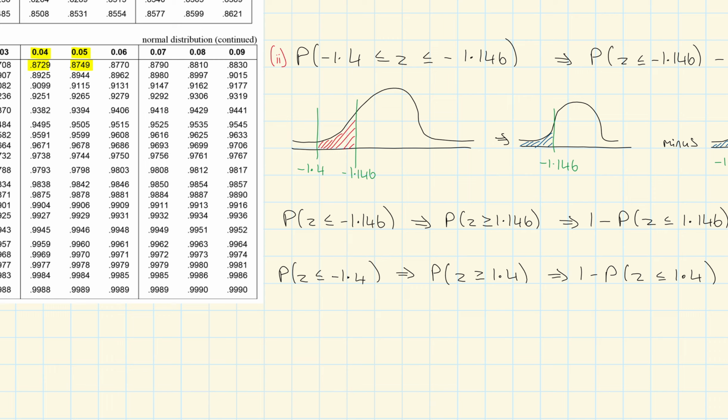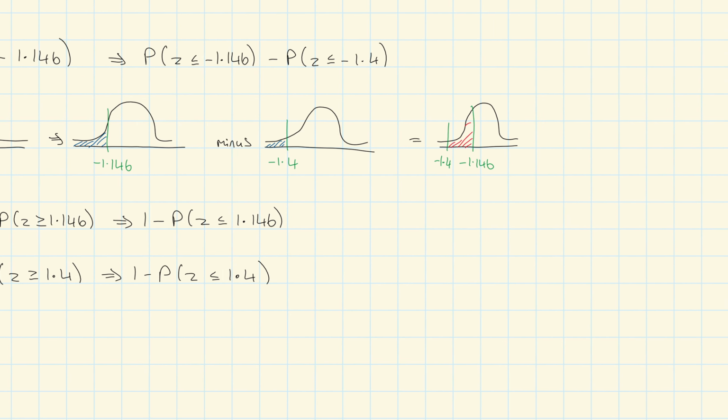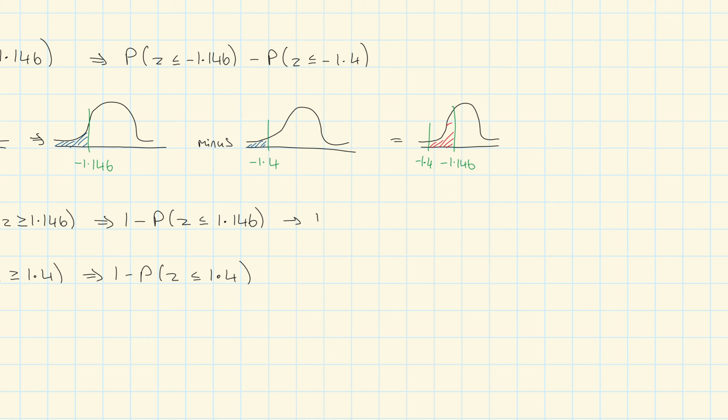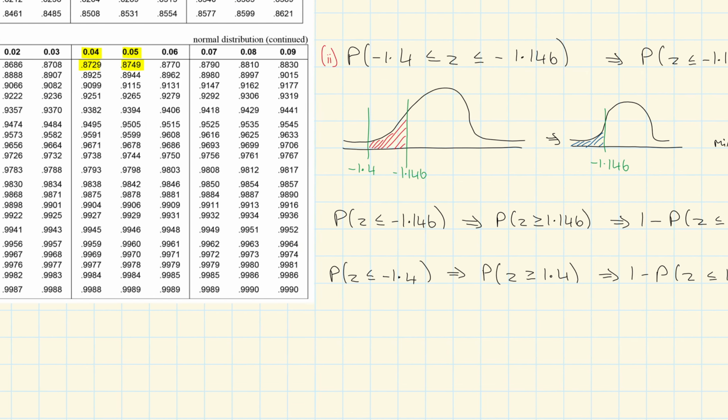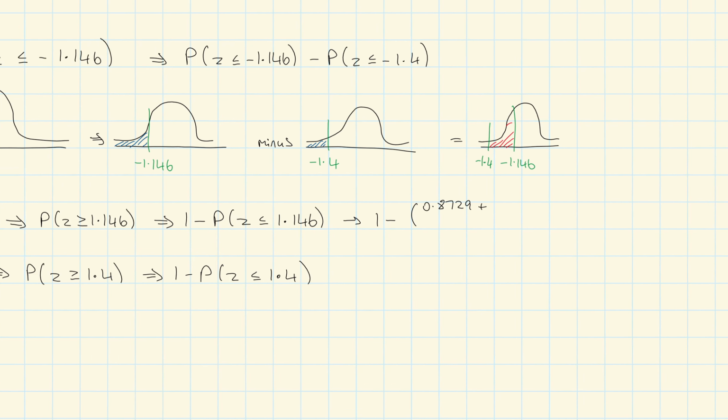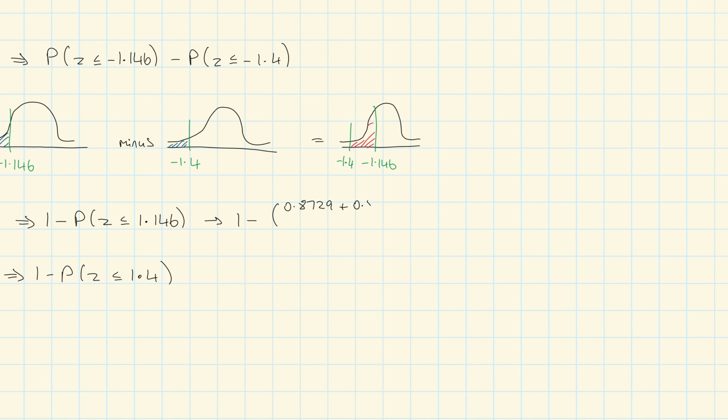So we get 0.8729, and our other value then is 0.8749. We're going to divide that by 2 into our calculators.